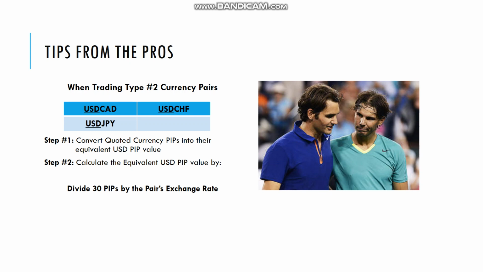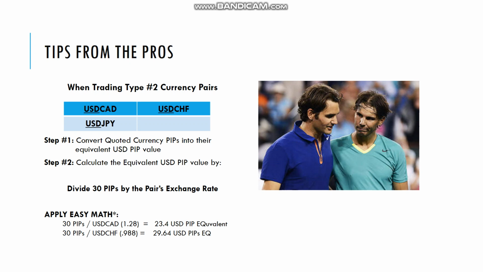Let's look at some examples by applying some easy math. If I were to take 30 pips, divide it by dollar CAD, where the exchange rate is at 1.28, it would give me the US dollar pip equivalent at 23.4.